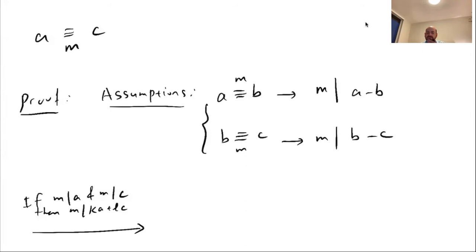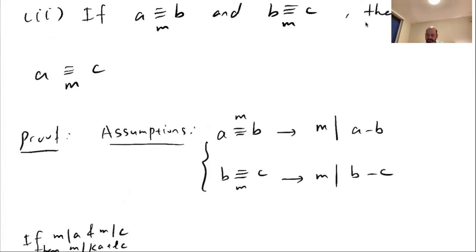At the beginning of the lecture, when we talked about divisibility, we said if M divides two numbers, then M divides any multiple of the first plus any multiple of the second. In this case, I just need a simple version of it. M divides A minus B, M divides B minus C. Therefore, M divides the addition of them as well.